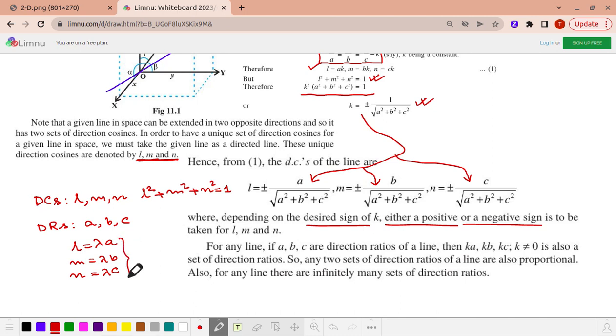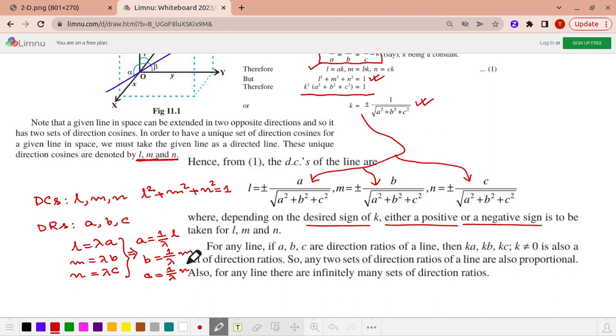So from here we can write a equal to 1 by lambda into l, b is equal to 1 by lambda into m, and c is equal to 1 by lambda into n, where lambda is any real number except 0. Now you change the value of lambda, you will get different values of a, b, c.